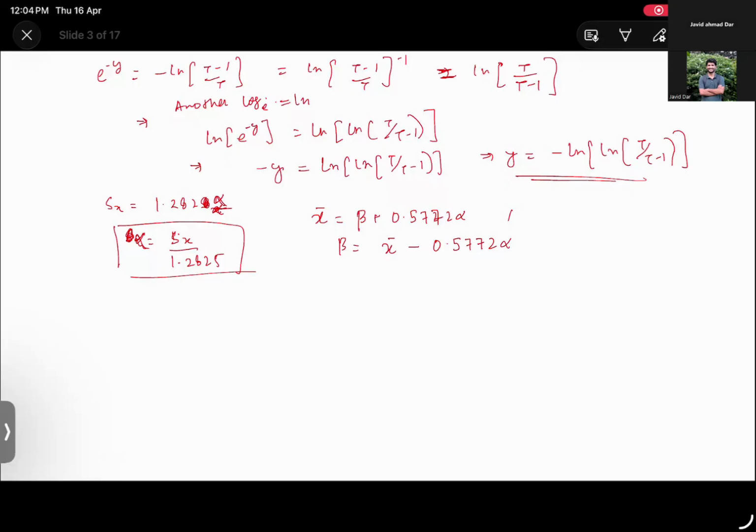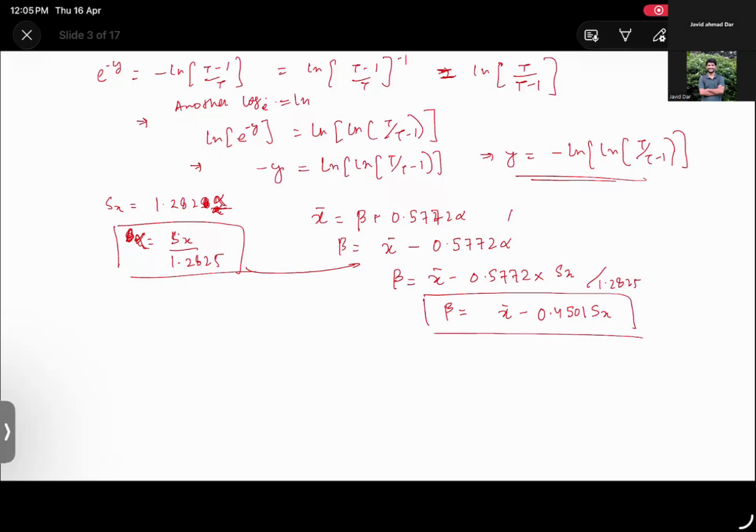So you can replace this alpha in this equation. The beta will become x bar minus 0.5772 into Sx divided by 1.2825. So the whole equation becomes x bar minus 0.4501 Sx. So these are your two relations.